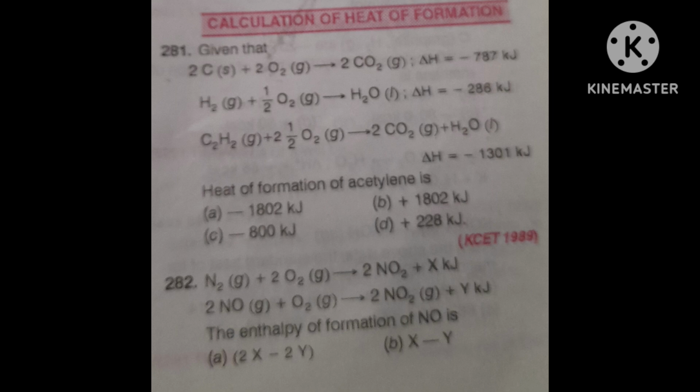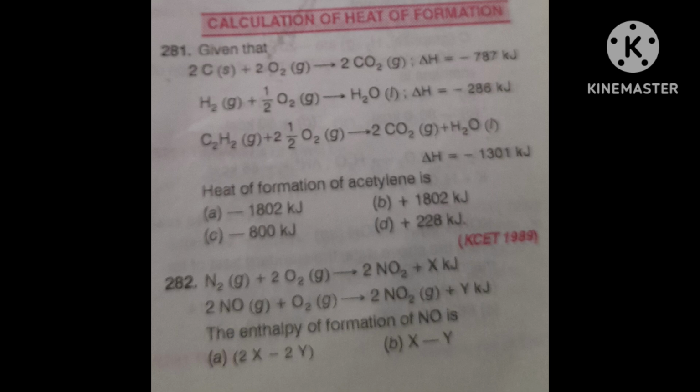And first reaction also you have to divide by 2 because you require half N2, but the question has N2 plus 2O2. I want N2 plus half O2. Hence equation 1 you have to divide by 2.